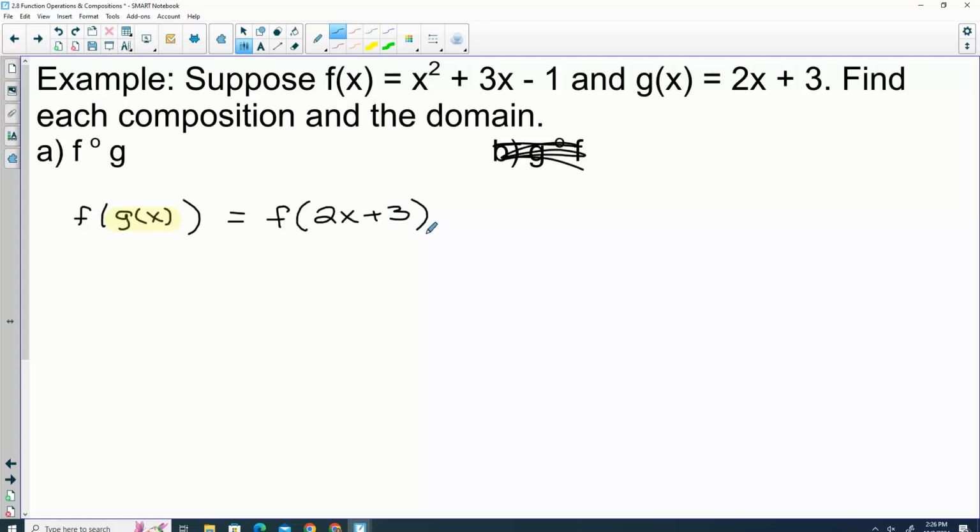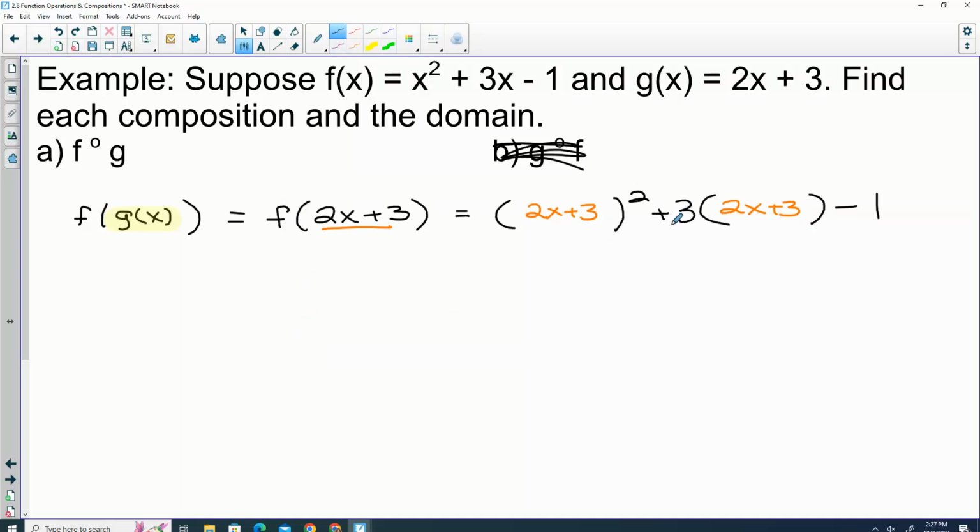Then what do I have to do with that? I'm going to go to f, and every time I see an x, I am replacing it with the 2x plus 3, because that's what we are evaluating for our function. So both my x's get replaced.